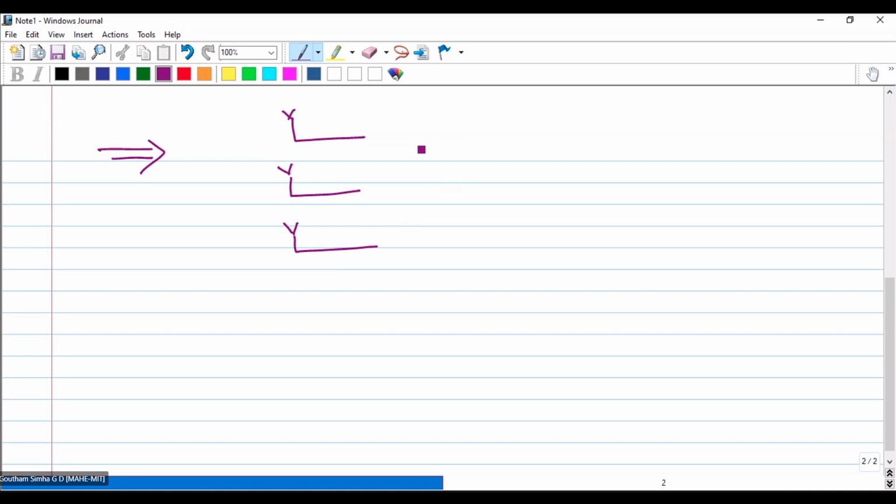I'll have a commutator switch here which selects the best possible signal strength. If the signal strength of this branch is high, I will select this. If the signal strength of the second branch is high, I'll select that. Then I will combine this and transmit.